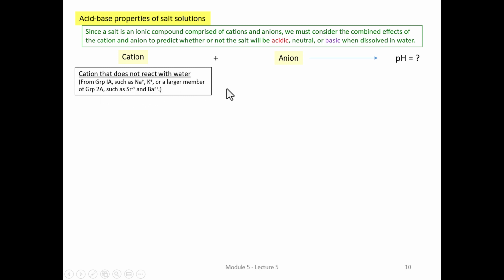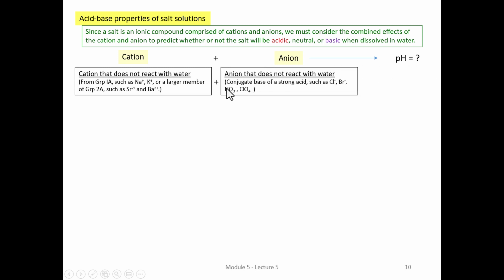If we pair this with an anion that also does not react with water, like the conjugate base of a strong acid such as chloride, nitrate, bromide, or perchlorate, you're going to get an ionic compound that's going to be neutral in water. And I have a couple of examples here: sodium chloride, potassium bromide.